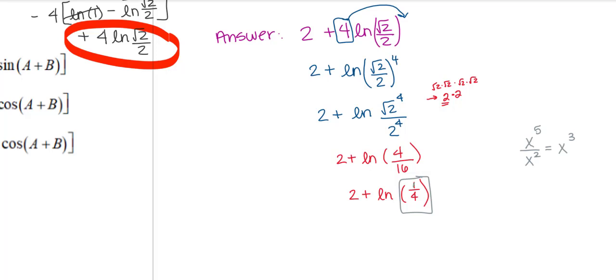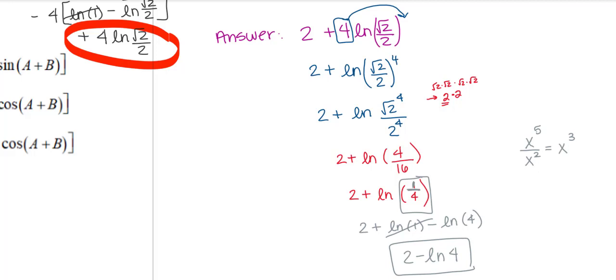So here I am dividing, right, with the same base. So I'm dividing, and that will turn into a subtraction. So it'll be natural log of 1 minus that natural log of 4. Natural log of 1, as we said, is 0. So I could see as simple of an answer as 2 minus natural log of 4.